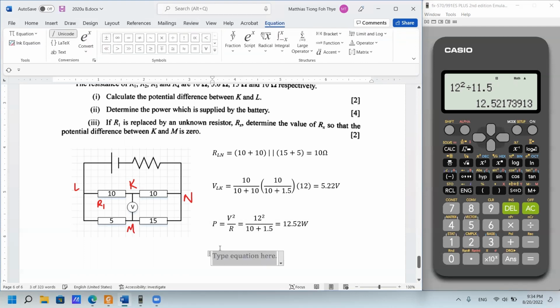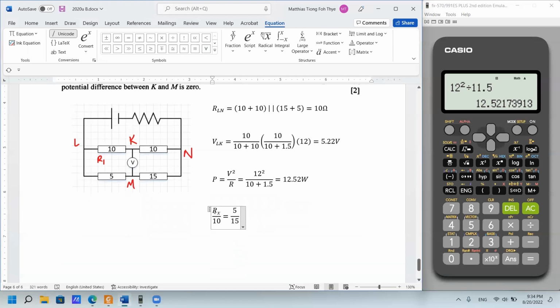The ratio of Rx to the resistance of 10 ohm should be equal to the ratio of 5 to 15. So the resistance of Rx should be equal to 1 over 3 times 10, which is 3.33 ohm. That should be the resistance of Rx.